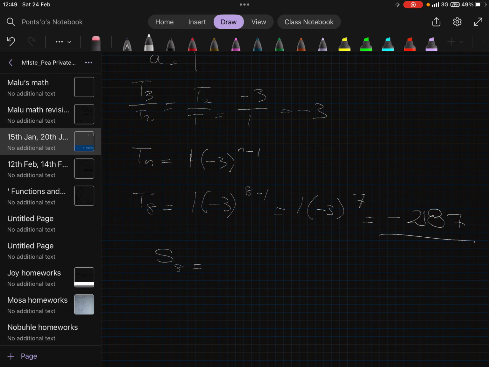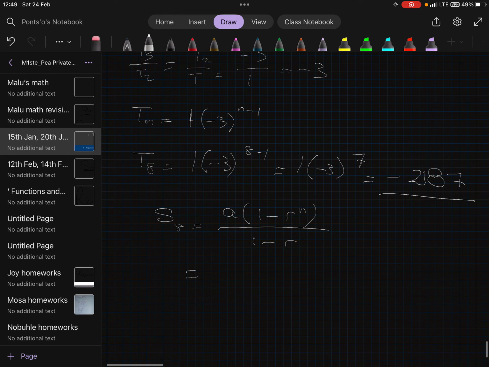And the sum of the first 8 terms would be a into 1 minus r to the n over 1 minus r, and that gives us 1 into 1 minus negative 3 to the power 8 over 1 minus negative 3.